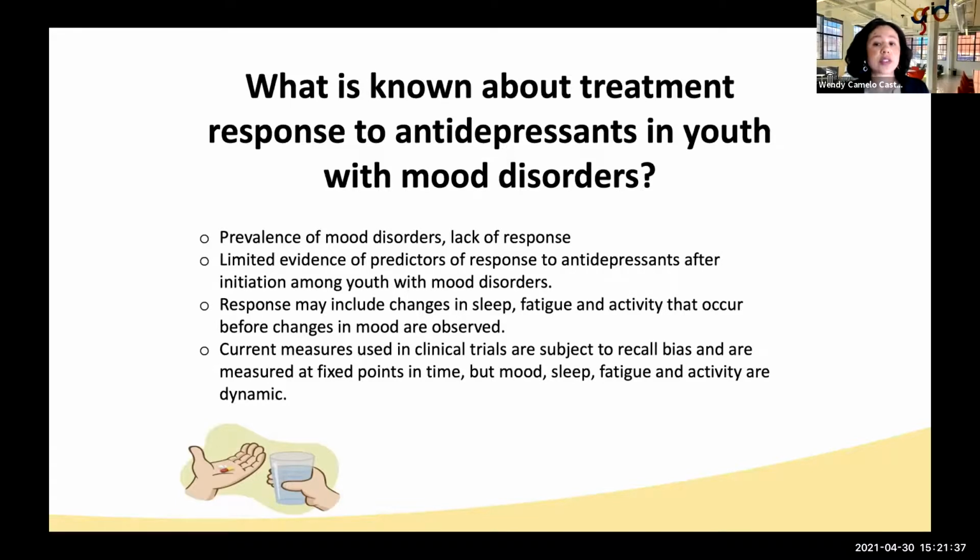So there is evidence to suggest that within-individual variability of symptoms and sleep patterns could indicate early response or even lack of response to antidepressants. So in light of that, the question becomes, how do we measure such variability? And if this could be measured, can it be used as a predictor of antidepressant response? Next slide, please.